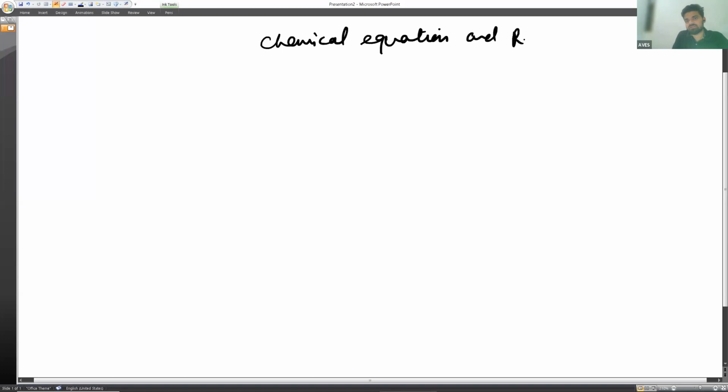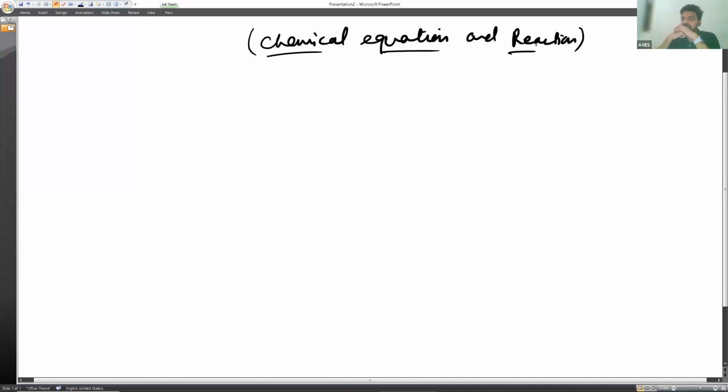Writing a chemical change in terms of symbols and formula is considered to be a chemical equation. And you have been learning this from very previous classes.